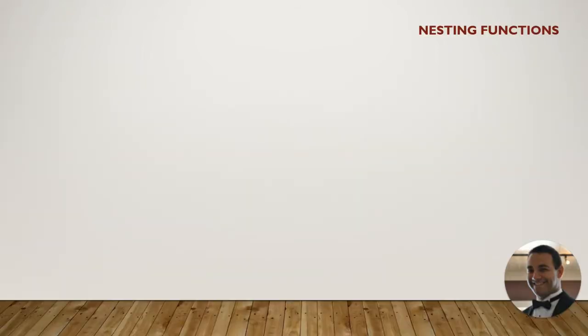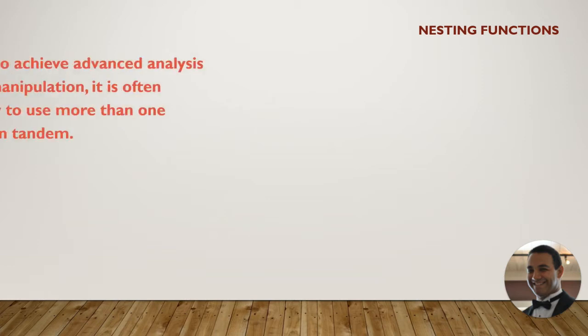So over the past few lessons, we've learned a lot of functions that I've described as building blocks. Things that aren't particularly useful on their own, perhaps, but I promised you that eventually they would come in handy. Well, now is eventually. So today we're finally going to talk about how to nest functions.